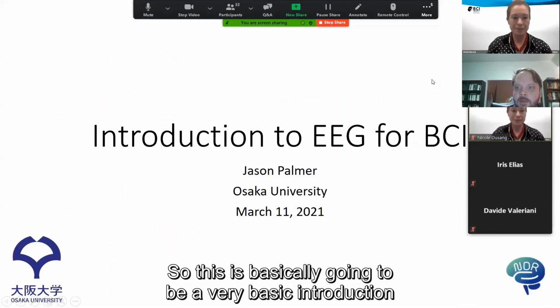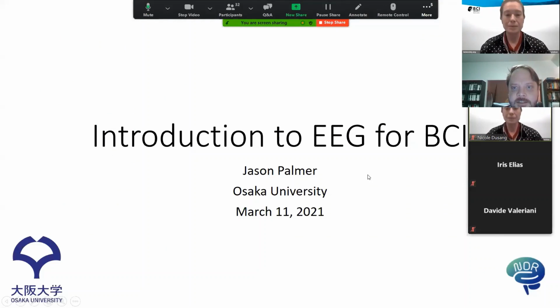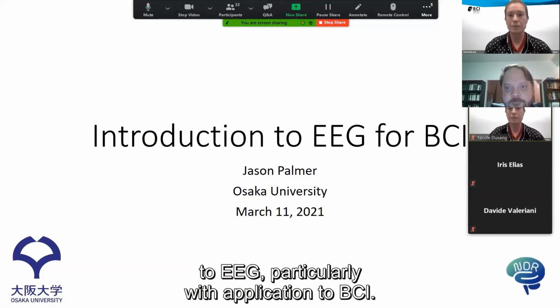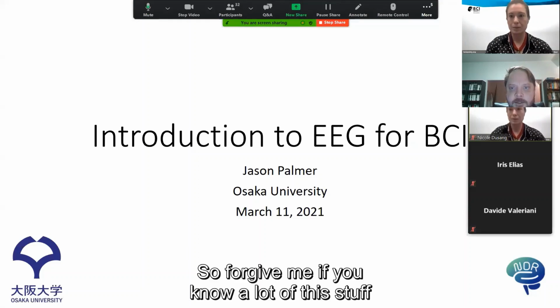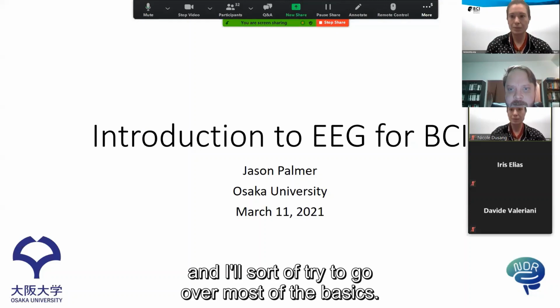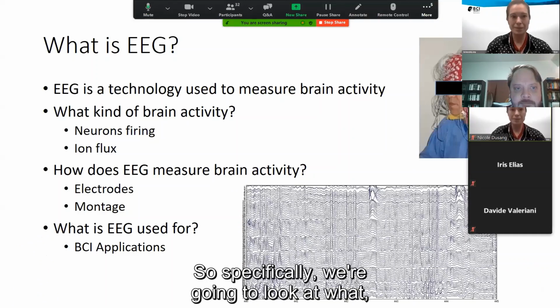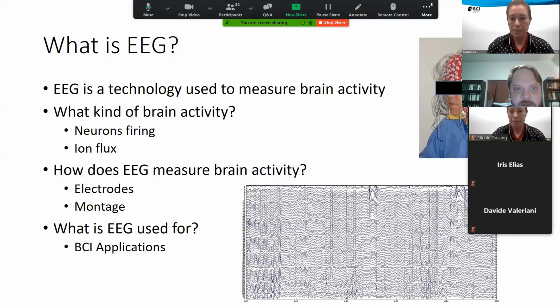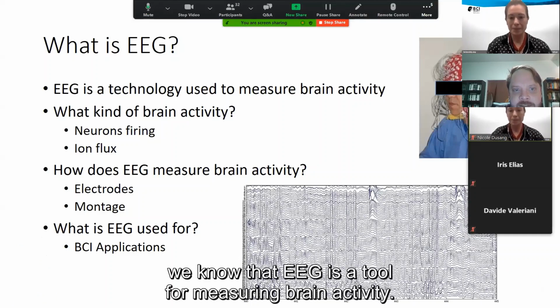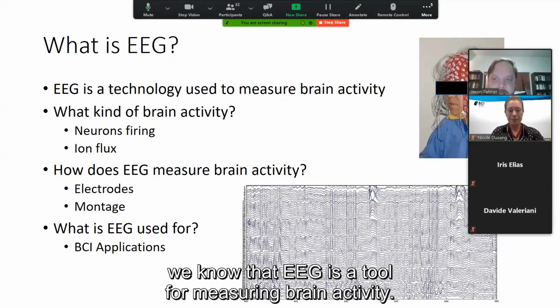So this is basically going to be a very basic introduction to EEG, particularly with application to BCI. Forgive me if you know a lot of this stuff, but I'm going to try to go over most of the basics. Specifically, we know that EEG is a tool for measuring brain activity.